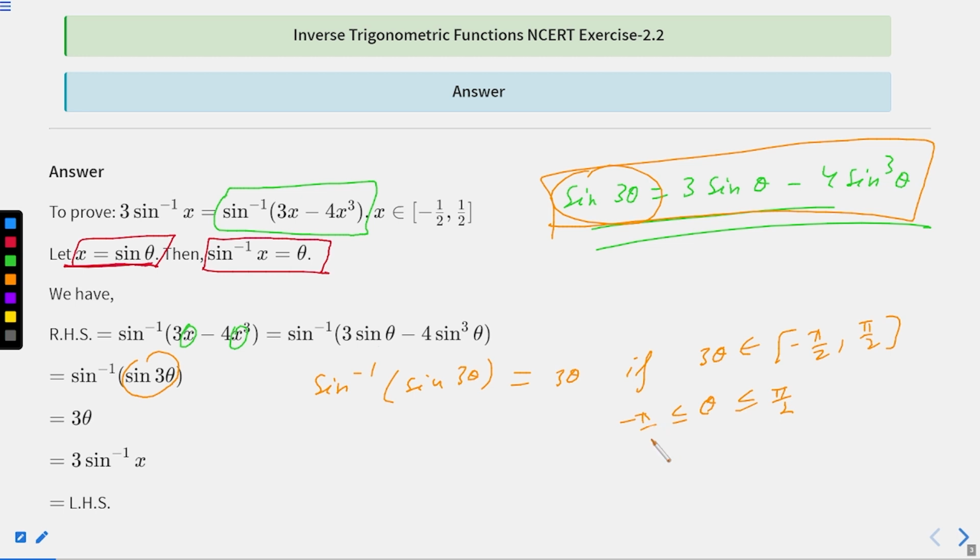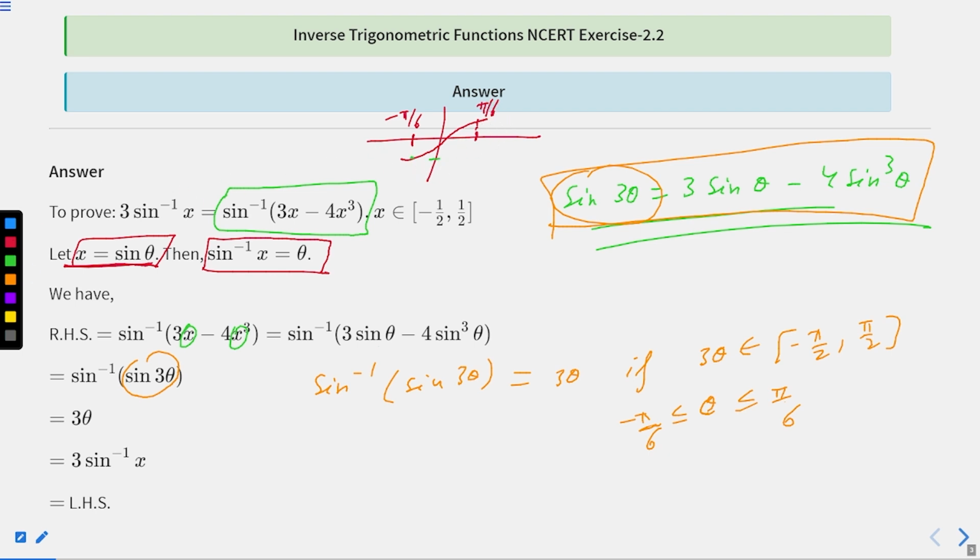What you will get is theta from minus pi by 6 to pi by 6. If you see the graph of sine, minus pi by 6 is somewhere here, and pi by 6 is somewhere here.